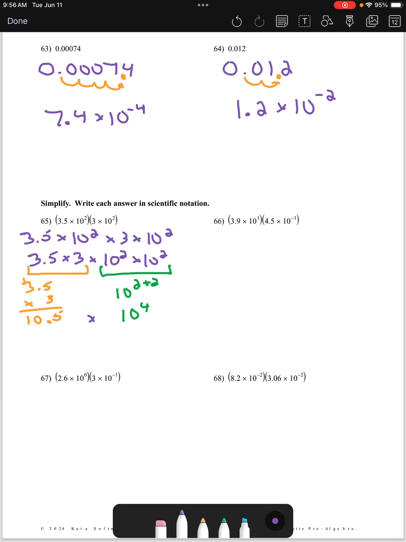Now, we've actually done the multiplication. We have 10.5 times 10 to the 4th power. The question is, is that a scientific notation number? If it is, we're done. If it isn't, we've got a little bit of work to do. And unfortunately, it's not.